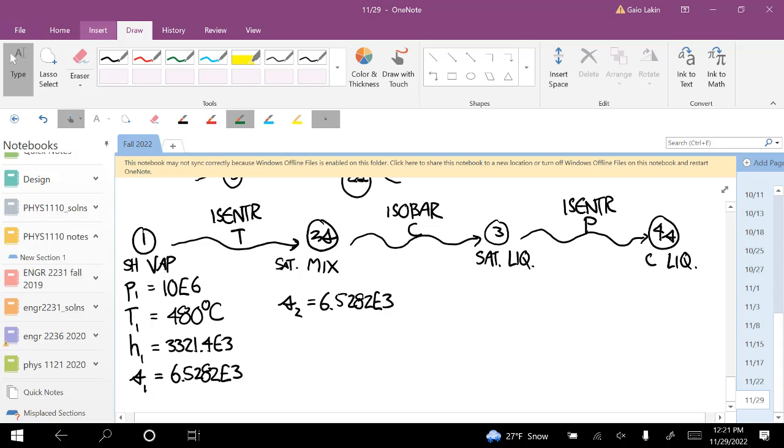The pressure for the condenser, so that's here, is 6 kilopascals, so 6 times 10 to the 3rd, and that's also the pressure at 3.